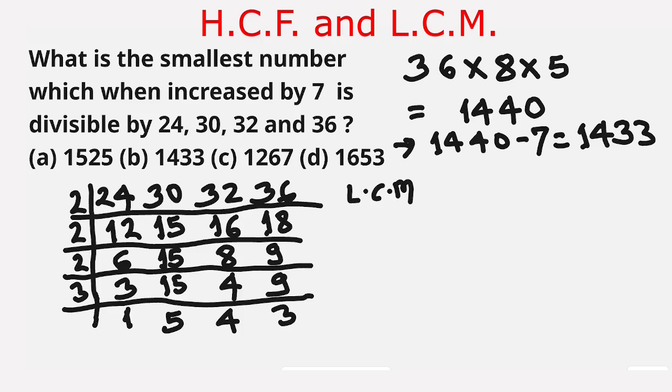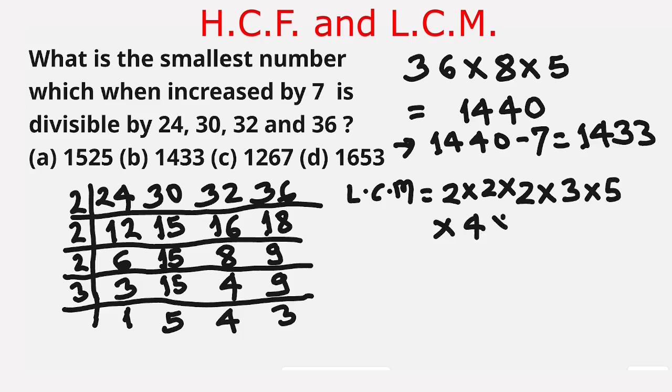So LCM equals 2 multiplied by 2 multiplied by 2 multiplied by 3 multiplied by 5 multiplied by 4 multiplied by 3. 1 5 and 1 2 makes 10. So we will put the 0 at the end and we multiply the remaining numbers. 3 multiplied by 4 is 12. 12 times 3 is 36. 36 times 2 is 72.